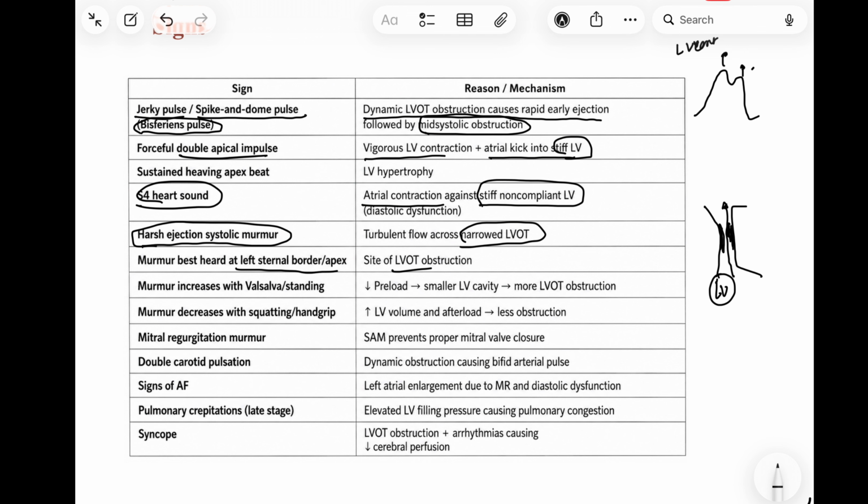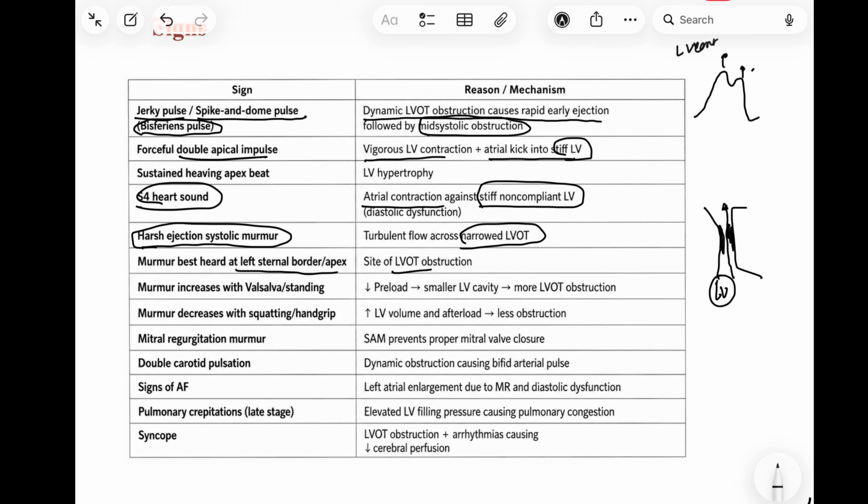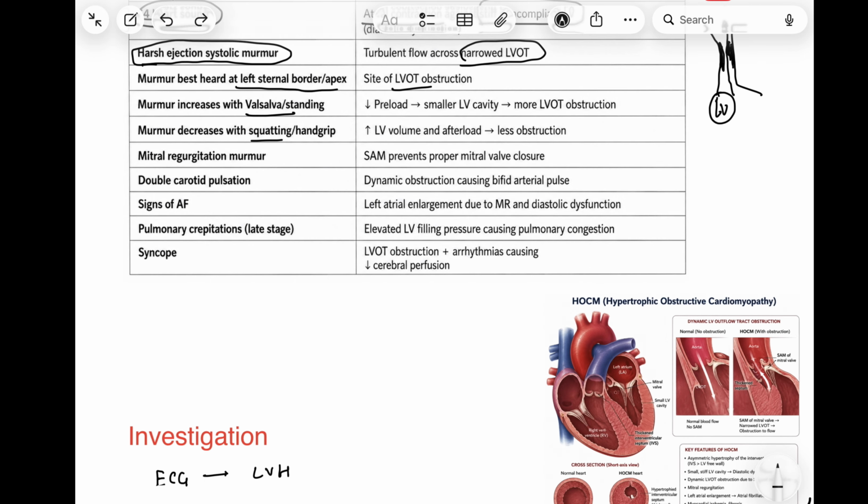Now the most important thing about the murmur is Valsalva and squatting. Let's understand with this diagram. Suppose there is a decreased preload, right? What will happen? There is less blood in the left ventricle, so there is a decreased distance between the interventricular septum and the left ventricular wall, right?